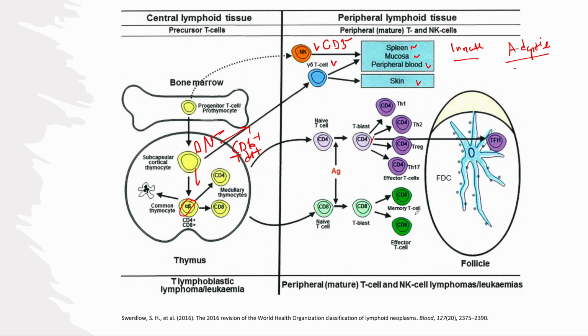And the T cells have memory T cells and effector T cells, and they can have granules in their cytoplasm. The lymphomas arising from central lymphoid tissue are usually called T-lymphoblastic leukemia lymphoma, T-ALL. And from the peripheral tissue, we usually see peripheral mature T cell or NK cell lymphomas or leukemias.